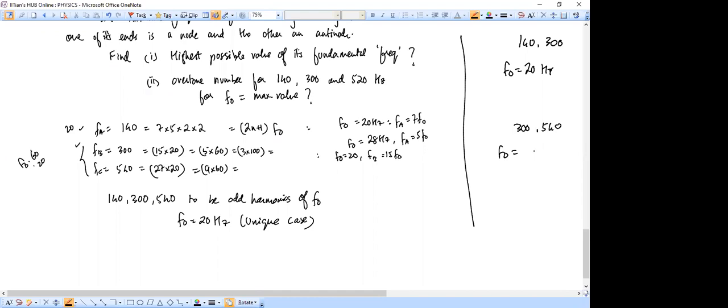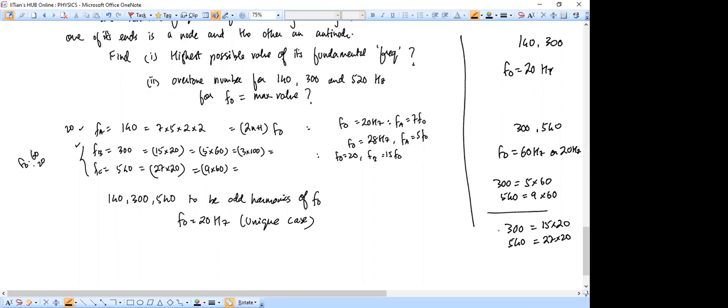Okay, and if I had for example 300 and 540, then f0 could have been 60, or it could have even been 20, because 300 can be written as 5 into 60, and 540 can be written as 9 into 60, and also 300 can be written as 15 into 20, and 540 can be written as 27 into 20.